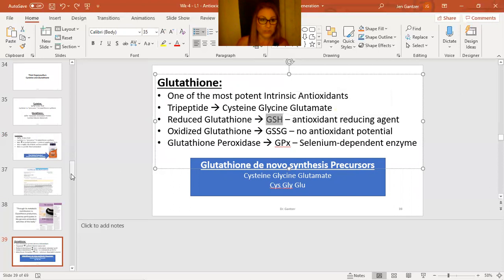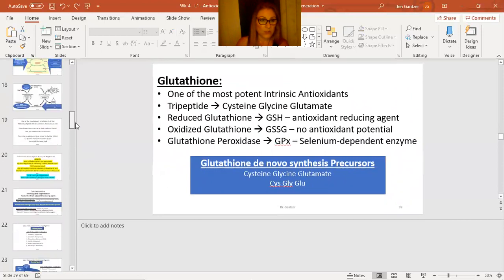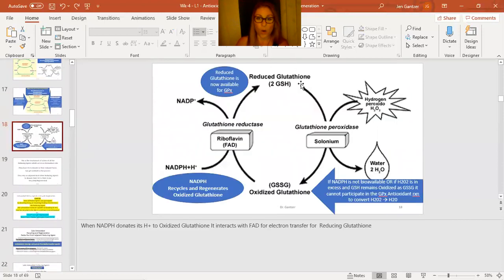And if you recall, when we look back at this picture, reduced glutathione is going to be the only form that can function as the antioxidant enzyme. Once it gets oxidized, if we cannot regenerate it back, this cannot participate in the enzyme action again. So here we have GSH, which is the reduced glutathione, and then once it gets oxidized after it does its antioxidant role, we are now abbreviating it as GSSG.